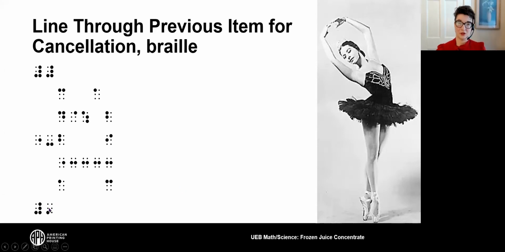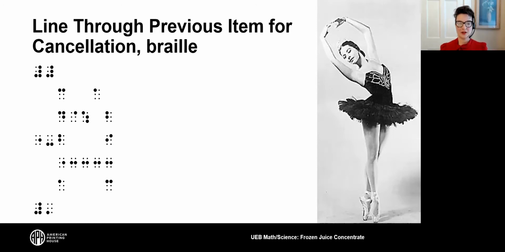And then we did terminate our numeric passage here with dots 3, 4, 5, 6, and 3. Let's take a little moment to appreciate the juice concentrate nature of the numeric passage terminator.